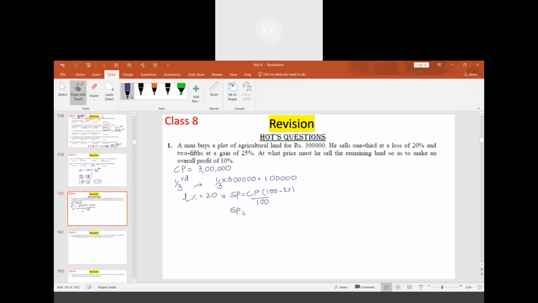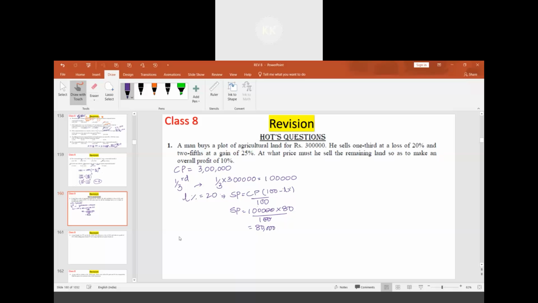So the selling price will be 1 lakh into (100 minus 20), which is 80, divided by 100. Two of the zeros get cancelled. We get 80,000 as the selling price.